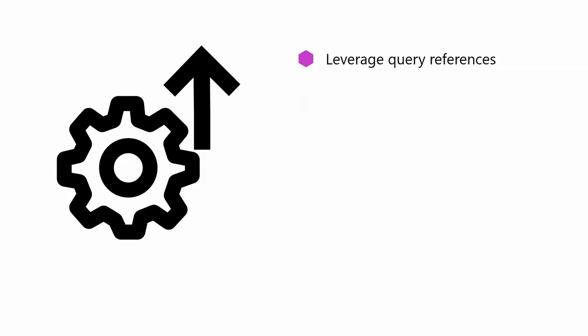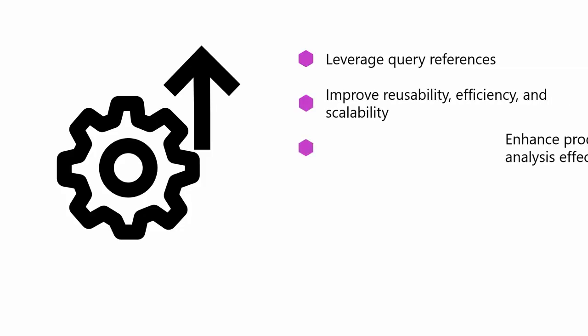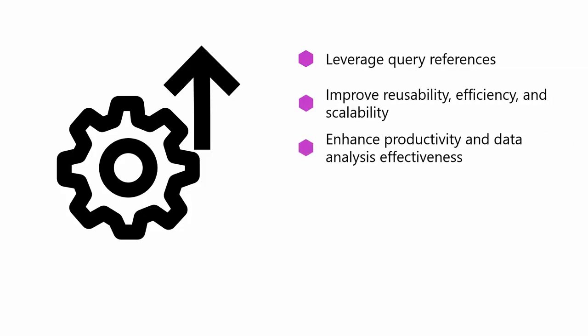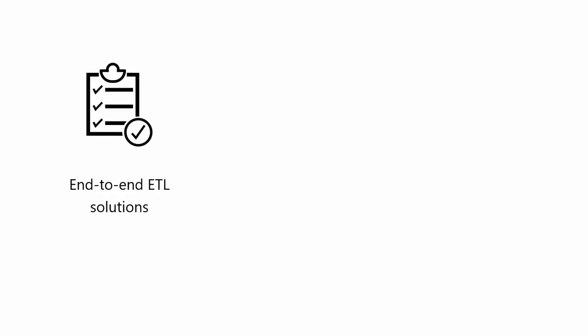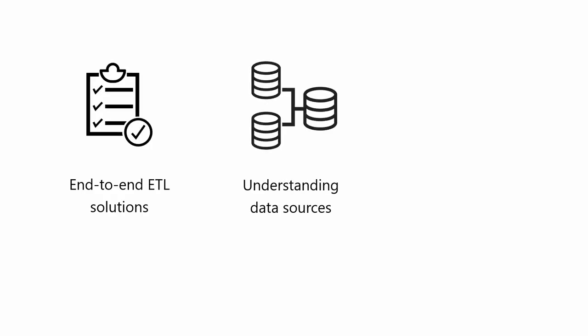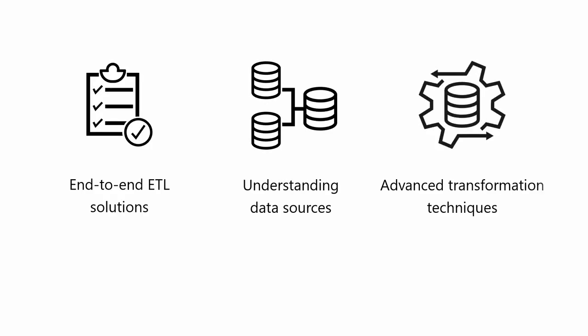Finally, you learned data flows and reference queries, which are used to increase efficiency and productivity. This course equipped you to use Power BI and Power Query to construct end-to-end ETL solutions, starting from understanding data sources, then advanced transformation techniques, and ended by loading data in Power BI.